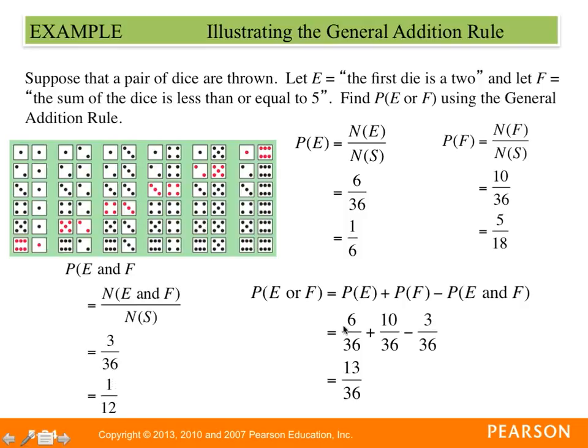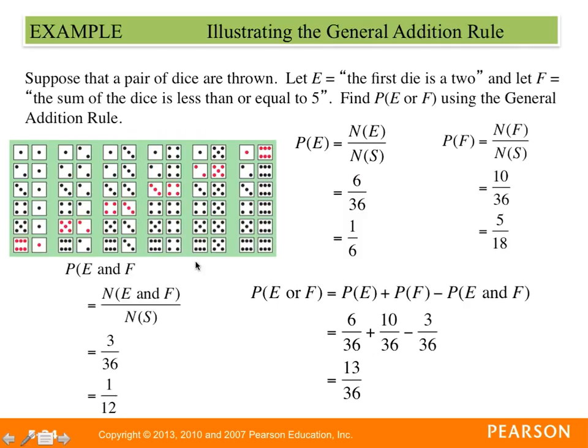So what we need to do is add the probability of E plus the probability of F, and then subtract that overlap so that it's not counted twice. It's normally easiest to use your non-reduced fractions because they should all have the same denominator at this point. So you should get 13 out of 36, which does not reduce.